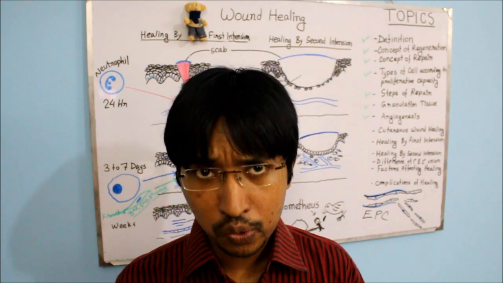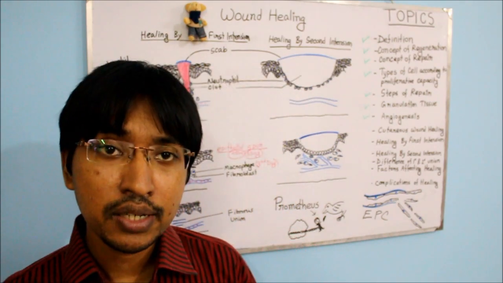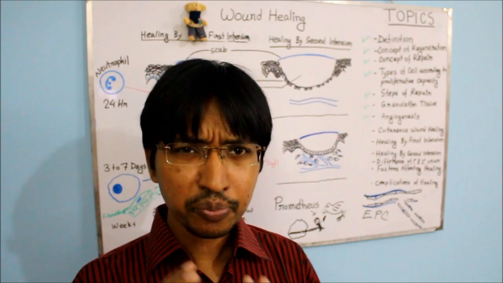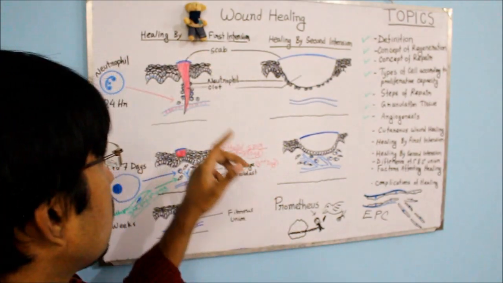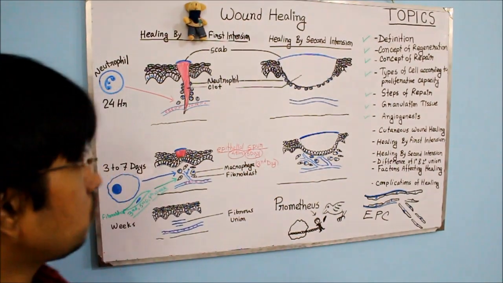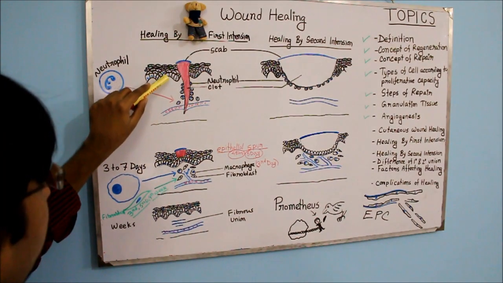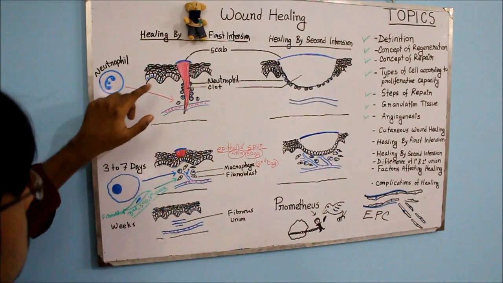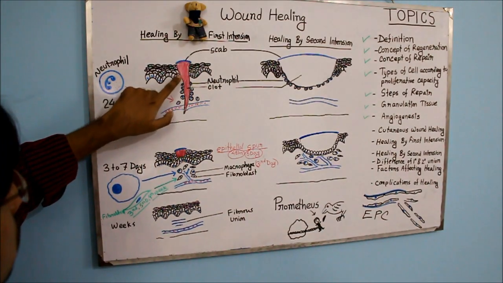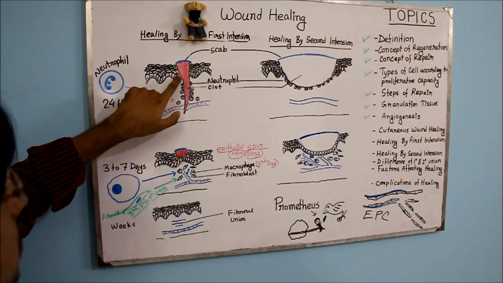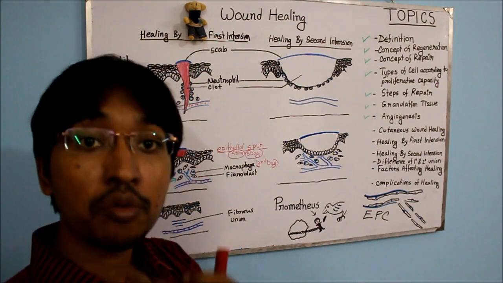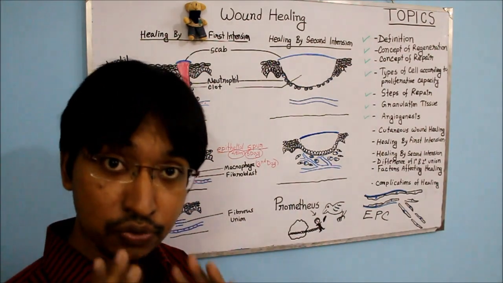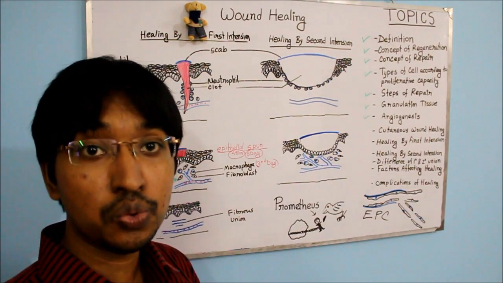After 24 hours, initially there will be migration with little proliferation of the basal epithelial cells. So this is the basal layer of the epithelial cells. This is another basal layer, and after 24 hours the basal epithelial cells from both cut margins at first will begin to move.